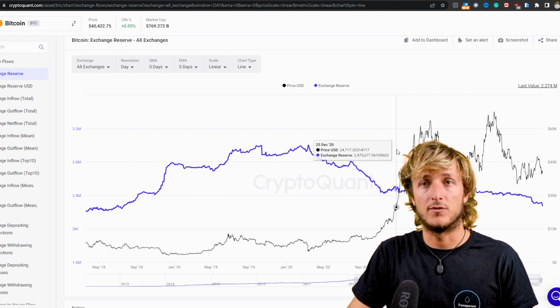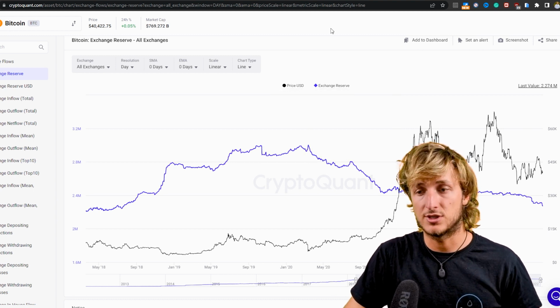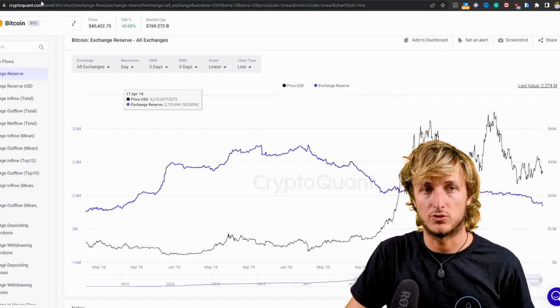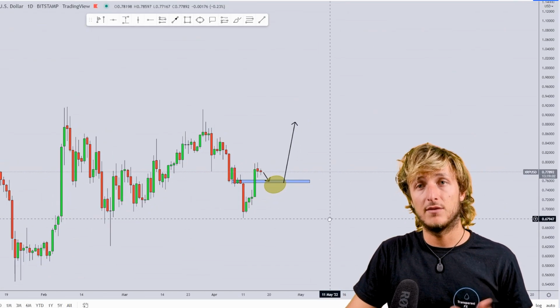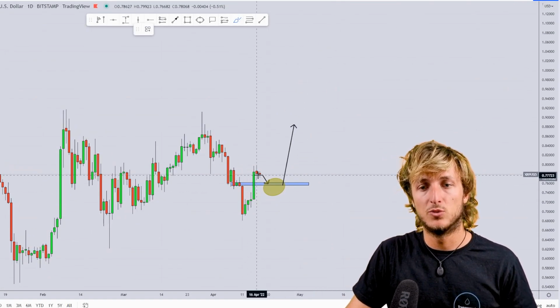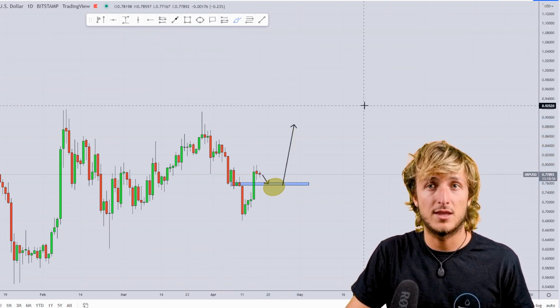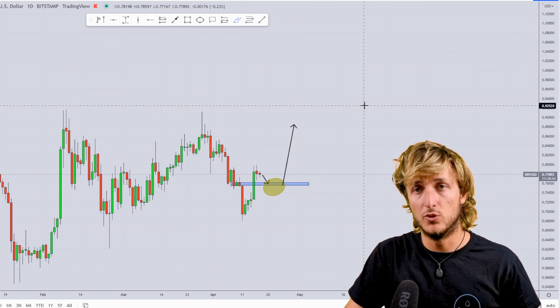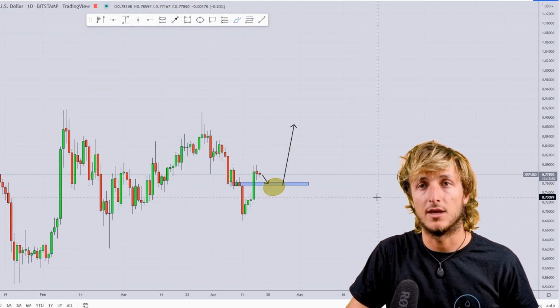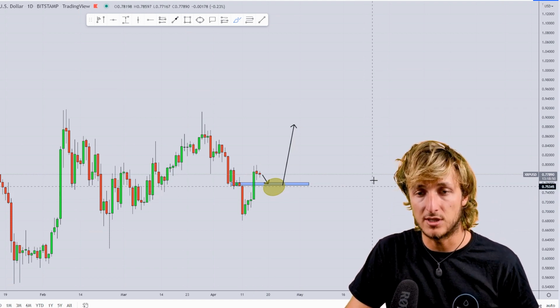So the amount of liquid supply that is already on exchanges and moving is continuing to drop, which means that if Bitcoin will create a move to the upside, this move to the upside on XRP USD should definitely be created in order to mirror the move that is supposedly going to happen of BTC USD.